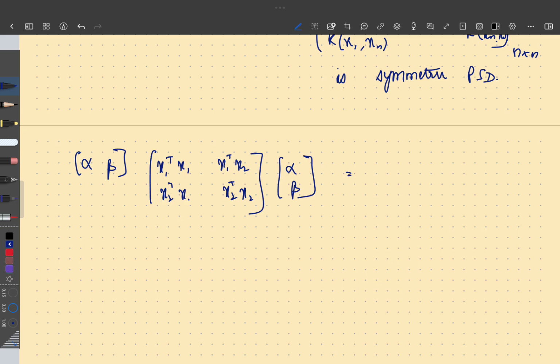What would this give me? Alpha squared x1 transpose x1, plus alpha beta x1 transpose x2, plus beta alpha x2 transpose x1, and so on.